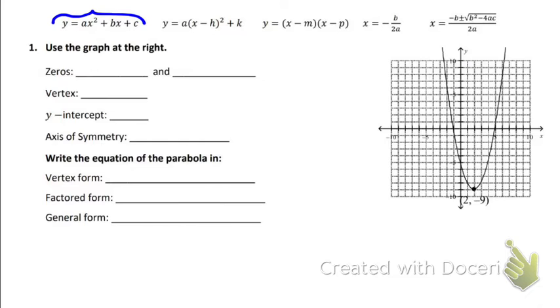This one right here, this is our general form. That's our ABC form. The second one over, the one that has A, H, and K, this is your vertex form.